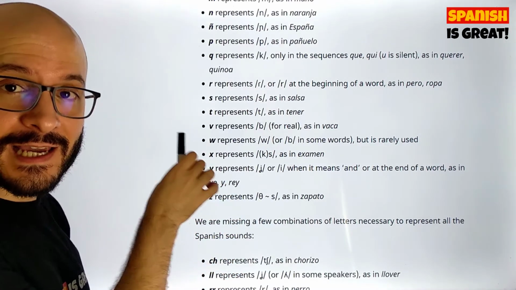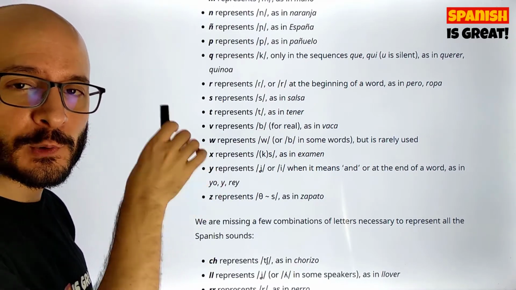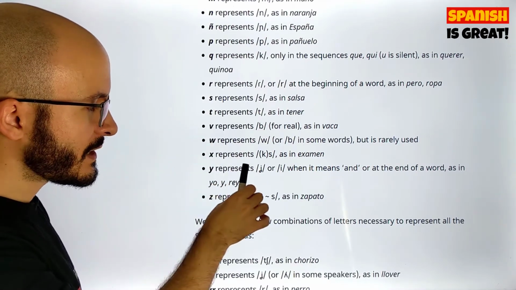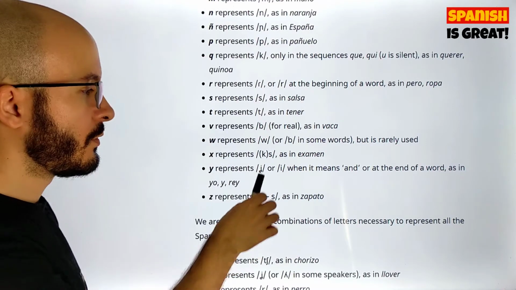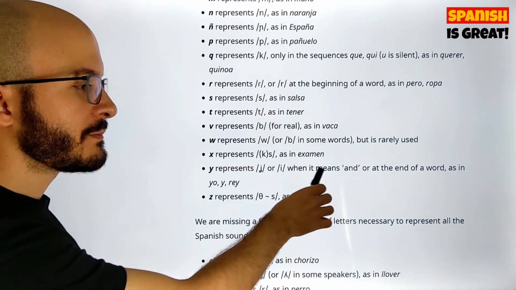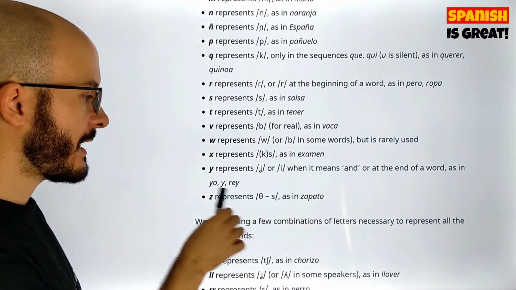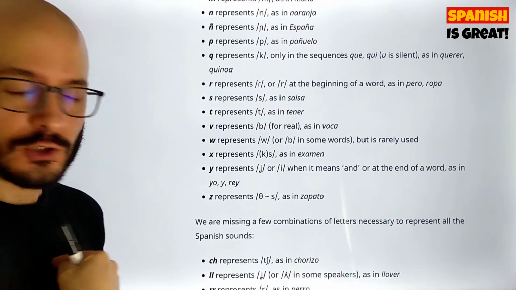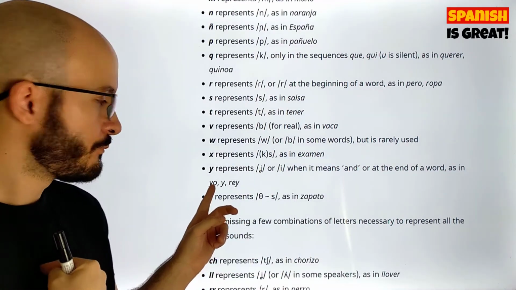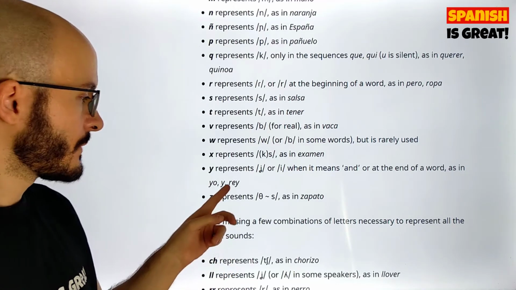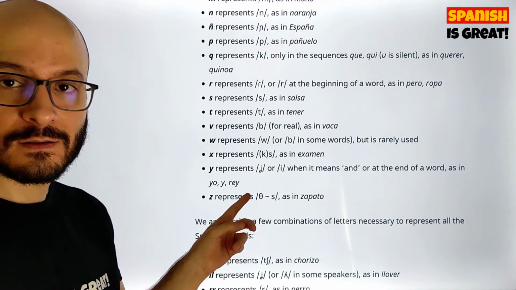Then Y, literally Greek I, represents Y or I when it means and, okay? Or at the end of a word, as in yo, I, and rey, king.